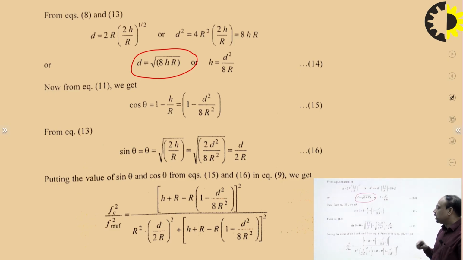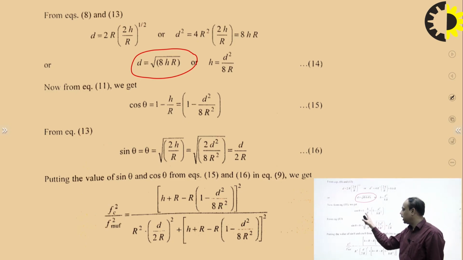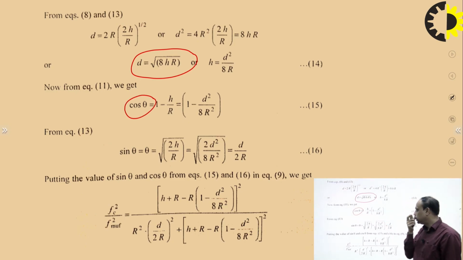Now if we take cos theta equal to 1 minus h by R, then 1 minus d square by 8R square. Then sin theta is equal to theta, because theta is again very small, equal to (2h by R) raised to 1 by 2, and 1 minus sin square theta is equal to this value. Then theta is equal to d by 2R.